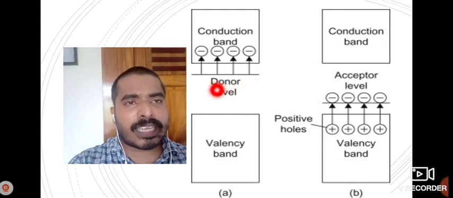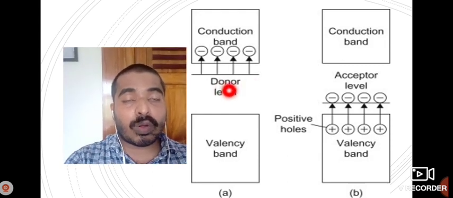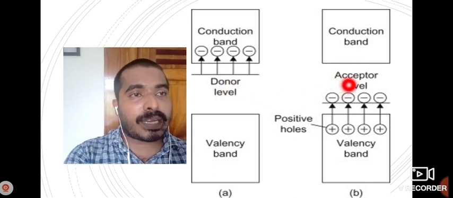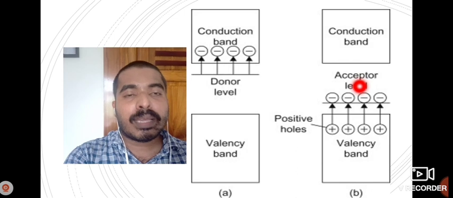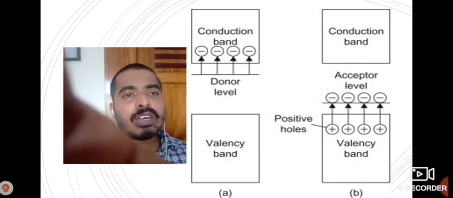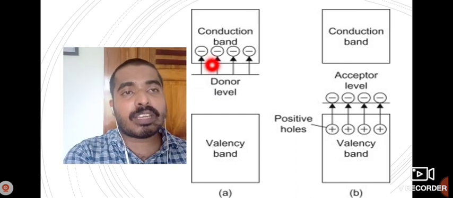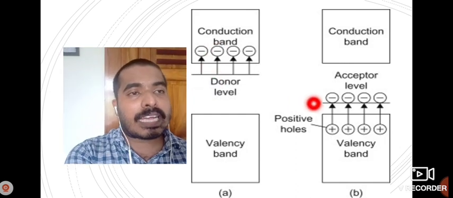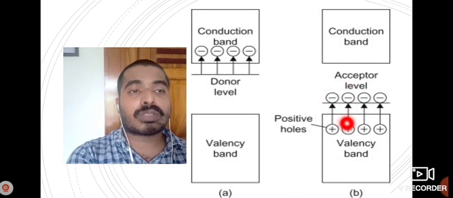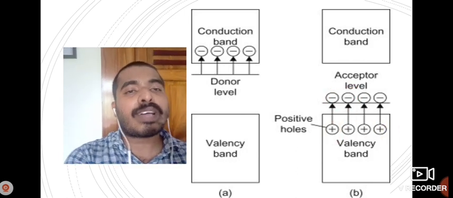And one more thing, the donor level will be very close to the conduction band. The acceptor level will be very close to the valence band because it needs to accept electrons, so holes will be created in the valence band.